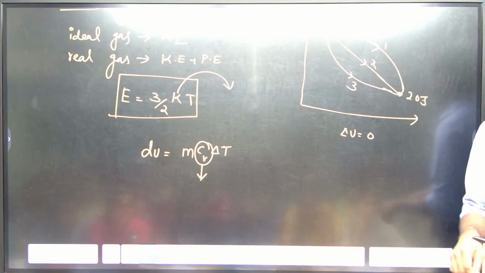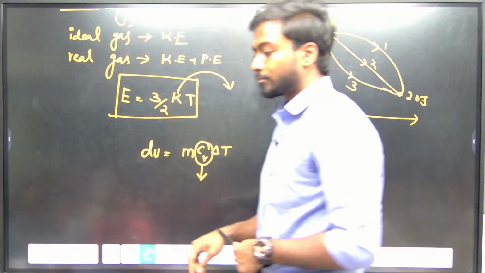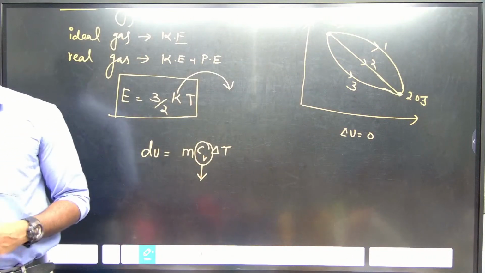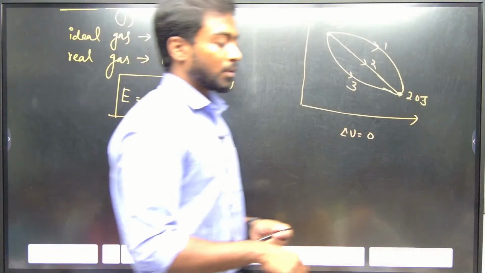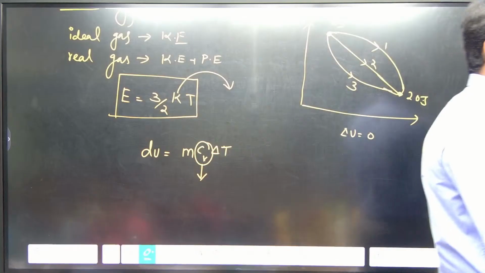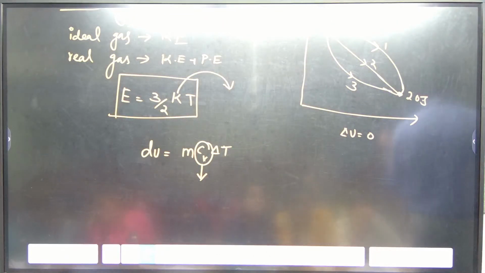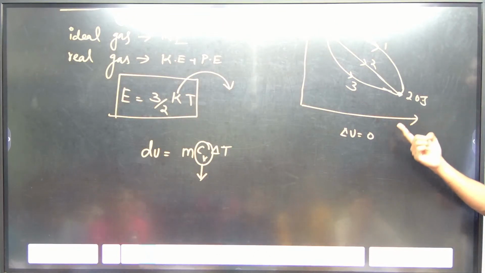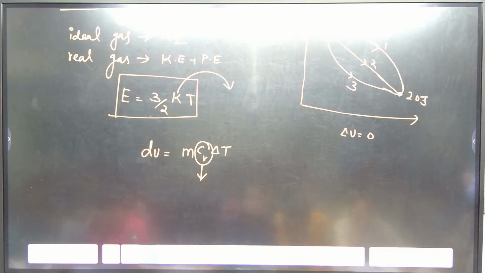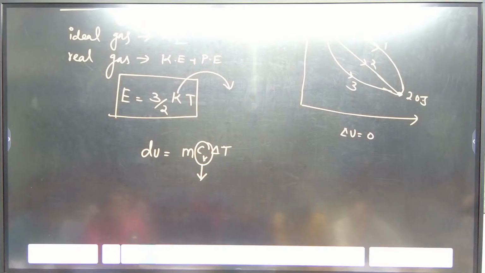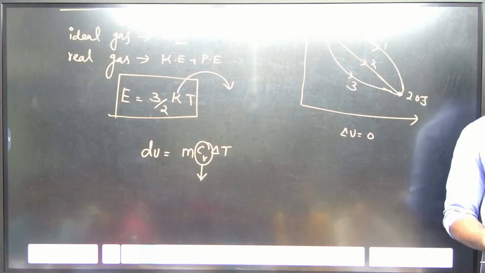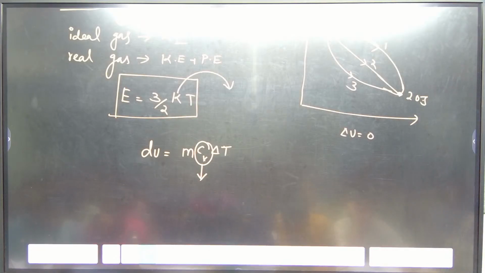Write down properly: for the cyclic process, delta U is equal to 0, then Q will be equal to W.